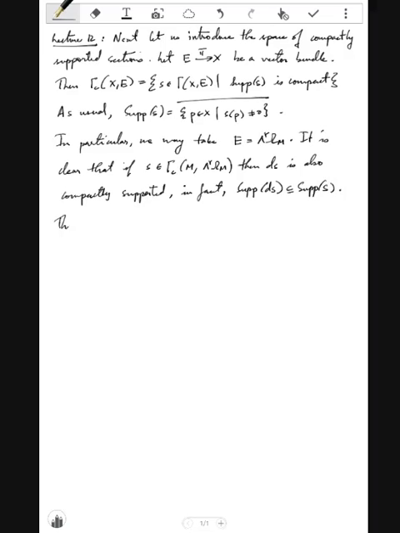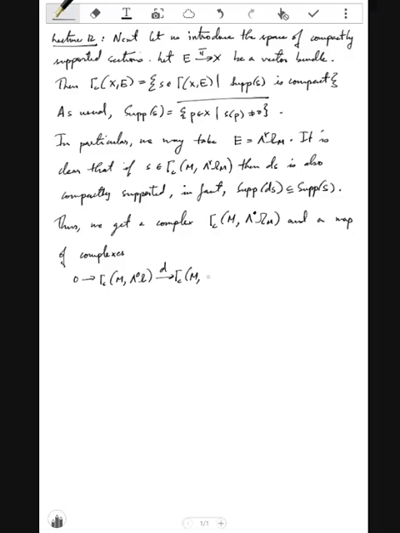Thus we get a map of complexes. So we get a complex first, and a map of complexes. And obviously these diagrams commute.